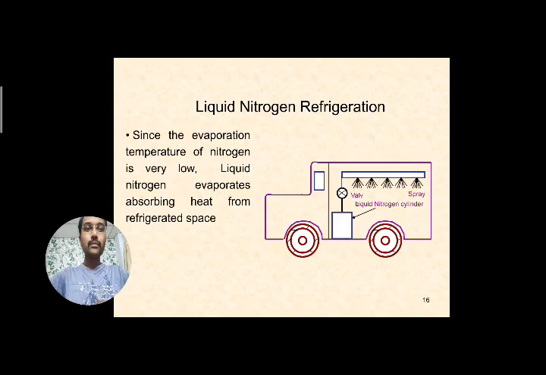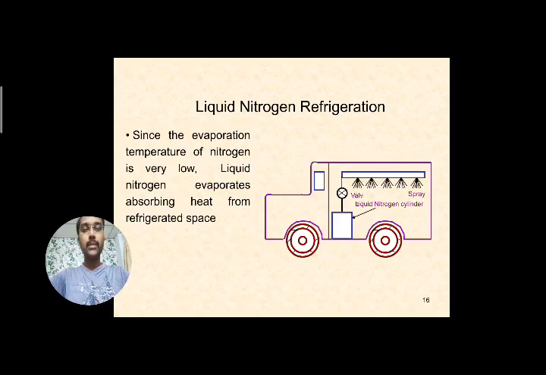Here the evaporation temperature of nitrogen is very low. Whatever liquid nitrogen is present here evaporates by absorbing the heat from the products, or whatever heat is present in the refrigerated space.